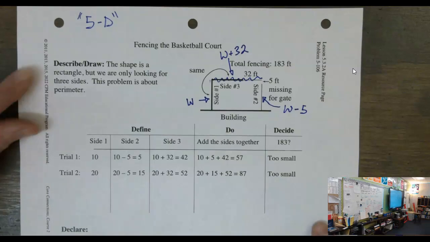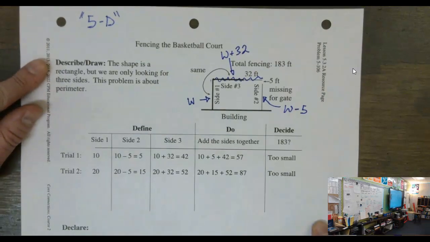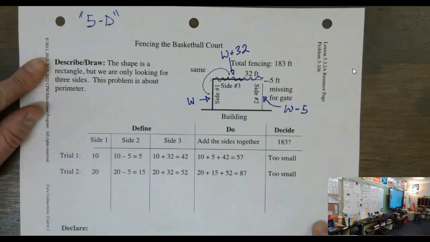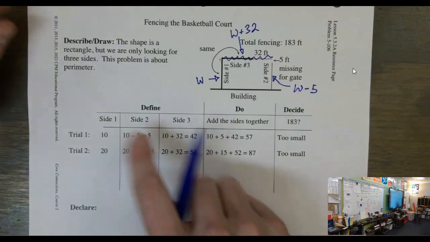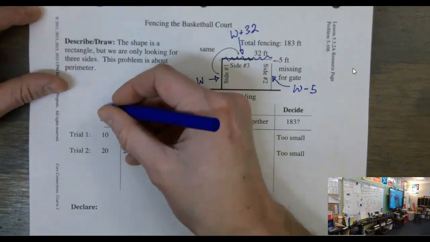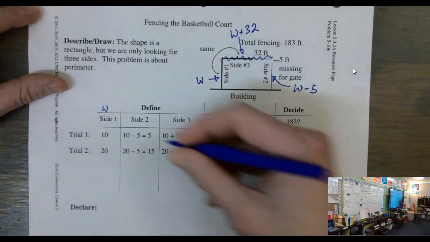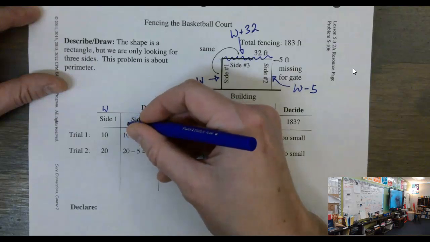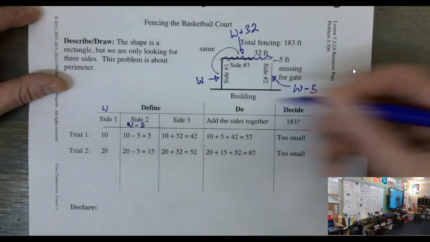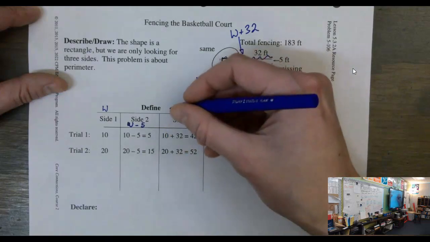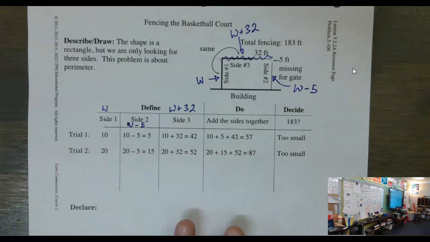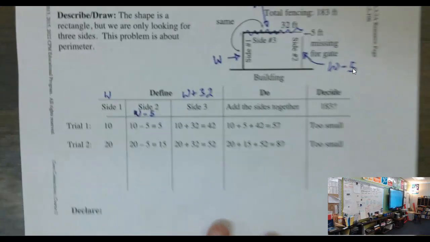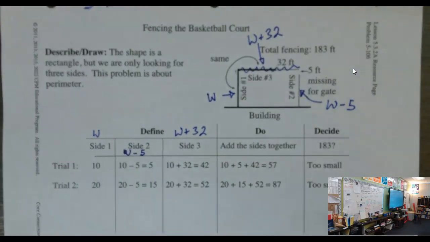So we did our describe draw. Then our define, and this is also where I would have said W minus 5 and W plus 32, because we just defined that that's what's going to happen.